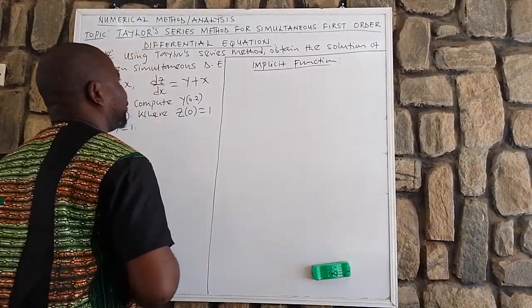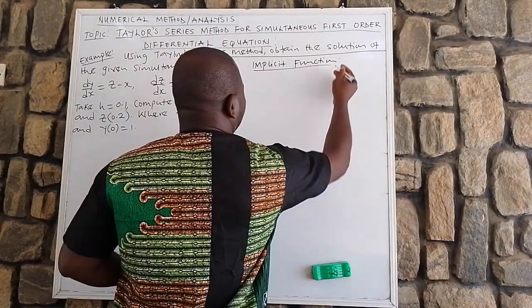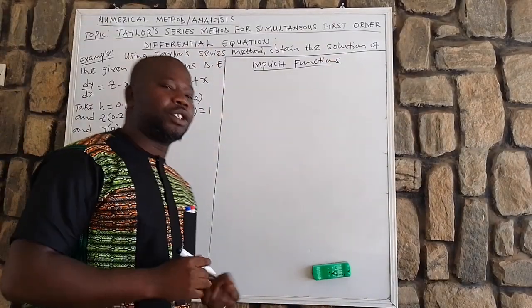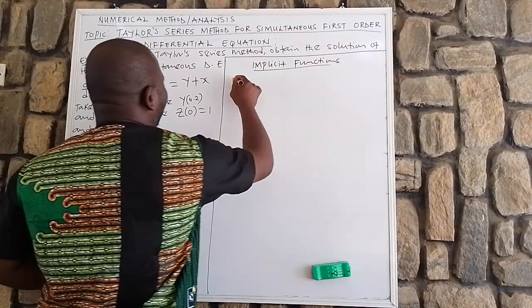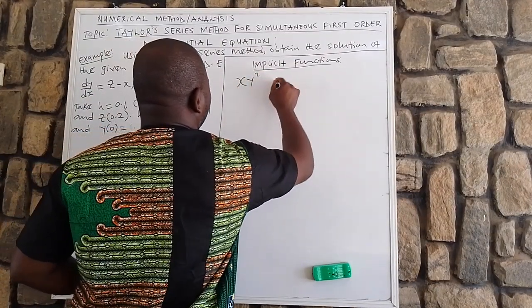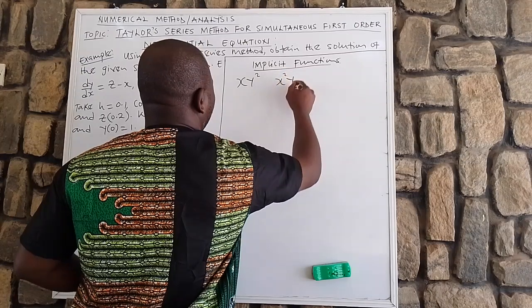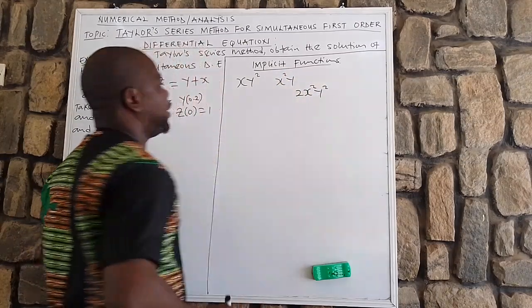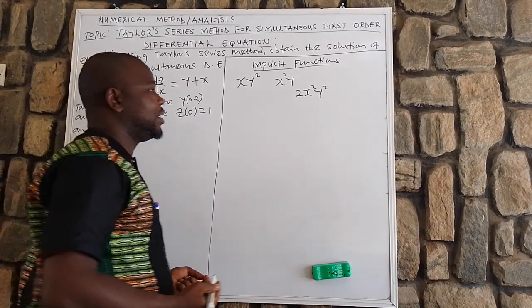Implicit functions are of this form: x y squared, or x squared y, or sometimes 2x y squared. These are implicit functions.